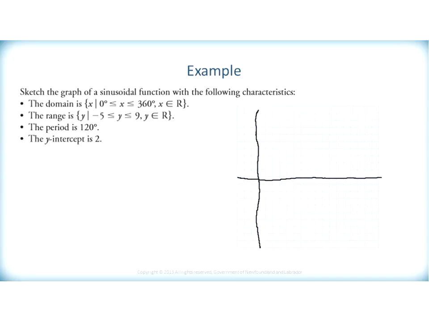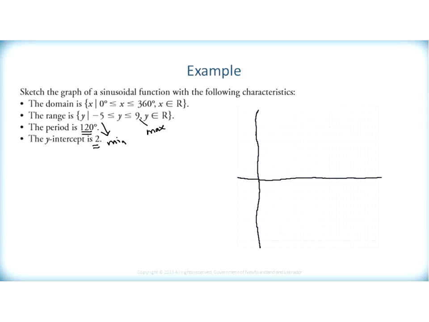And we have a domain x such that x is between 0 degrees and 360. And we have a range of -5 to 9. So that means that -5 will be the minimum, and 9 is the maximum. It also gives us a period of 120 degrees and a y-intercept of 2.